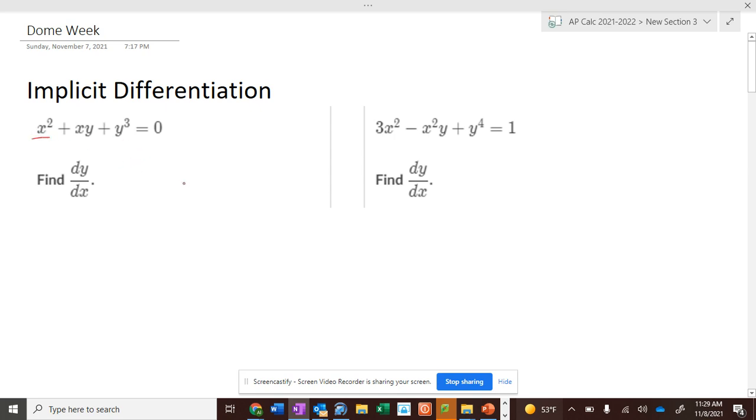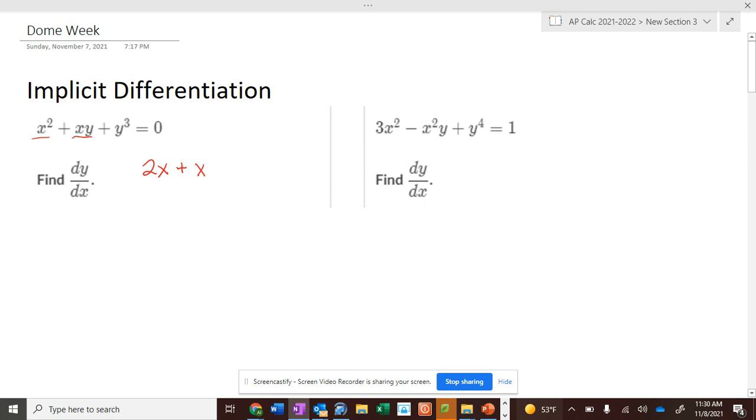What's the first derivative of x squared? 2x. And then you have to do the product rule for this. So it's plus x times the first derivative of y.